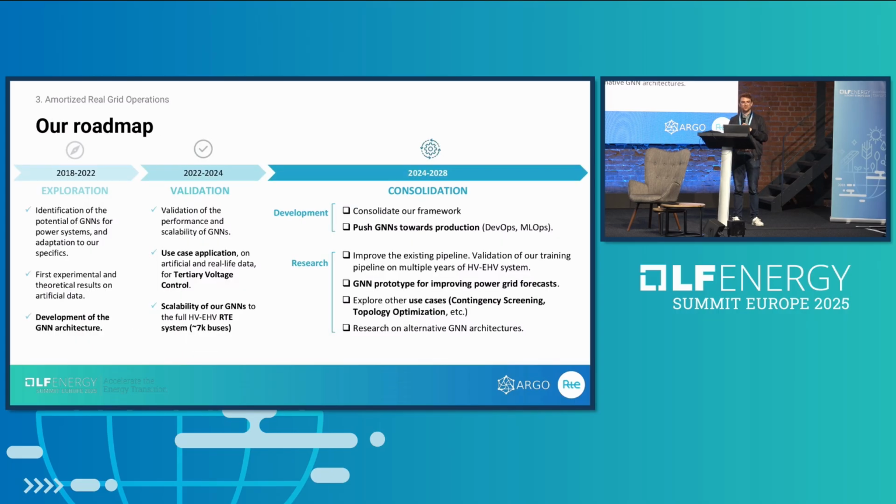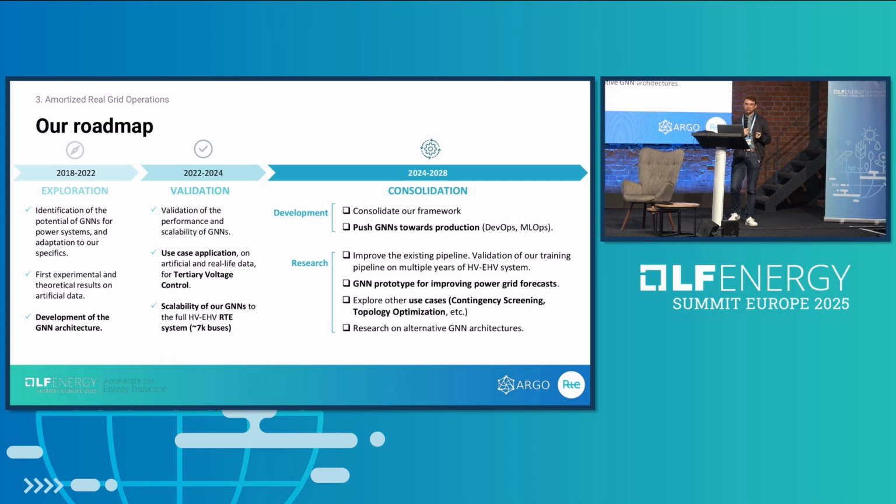Okay, so in terms of roadmap, as I said, I started working on this topic in 2018. So between 2018 and 2022, it was really an exploration phase. So we were trying to identify the potential of using graph neural networks when we apply it to power grids.